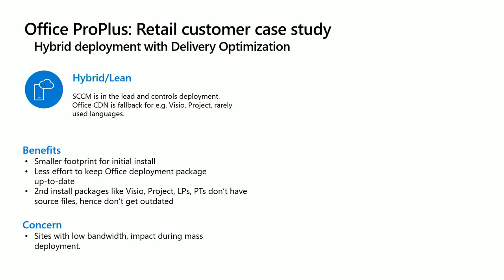They worked with the team at Microsoft to move to what's called a hybrid or lean deployment. That means that the initial package that they deploy to devices is still using SCCM. They're just trimming down that package to contain really the base of what all devices and all employees in that organization would need.